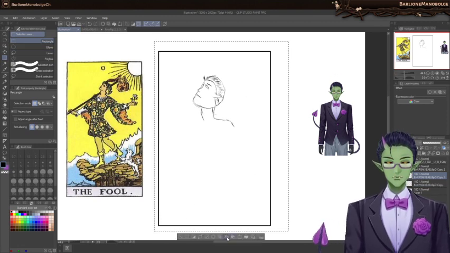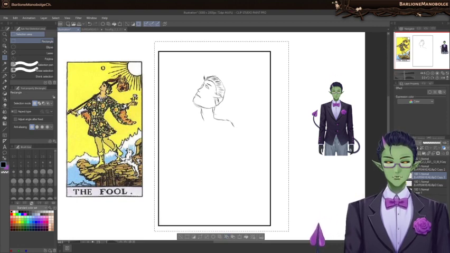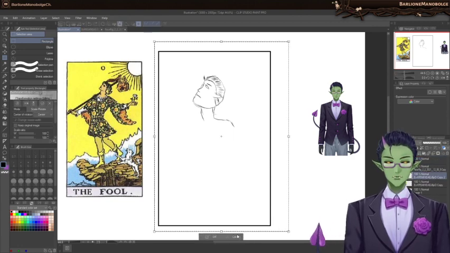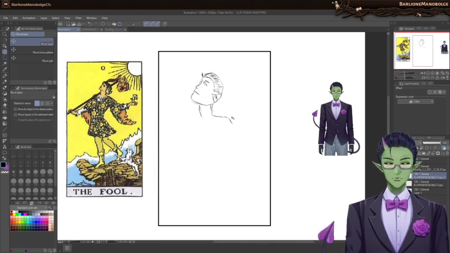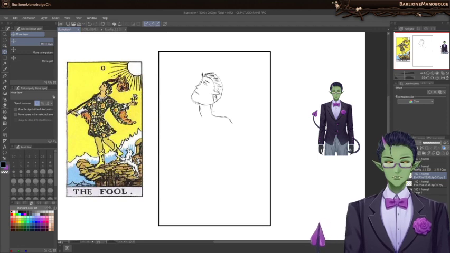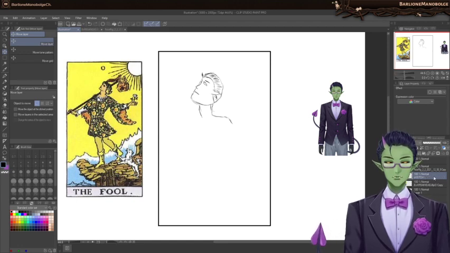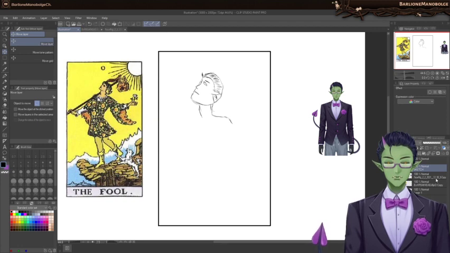I can cut this to its own layer, and it becomes the frame layer. Enough. Let's see. Okay. It'll become the sketch layer. I messed up my capitalization, but that's fine.